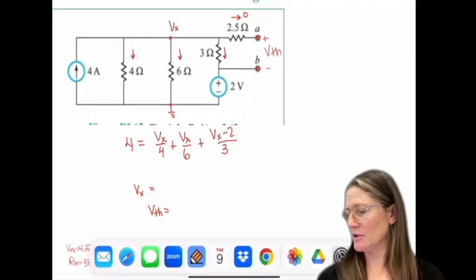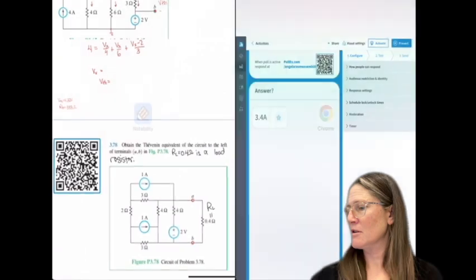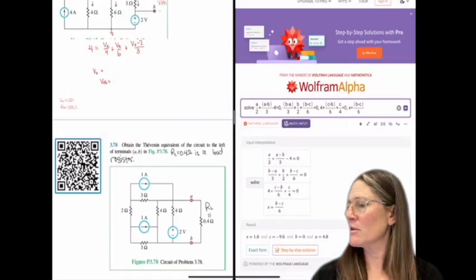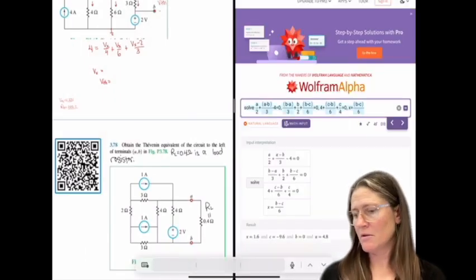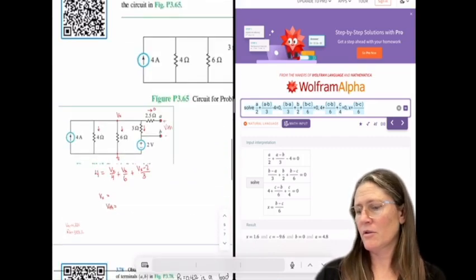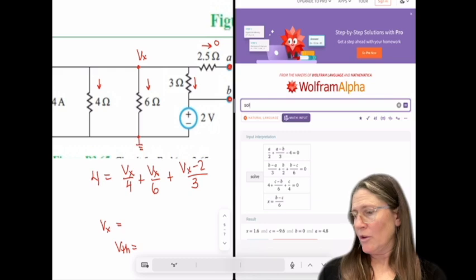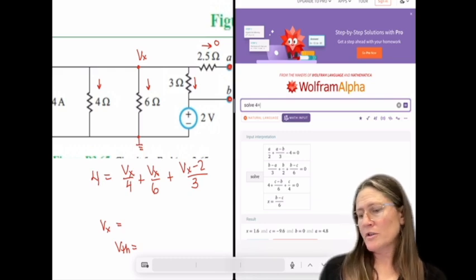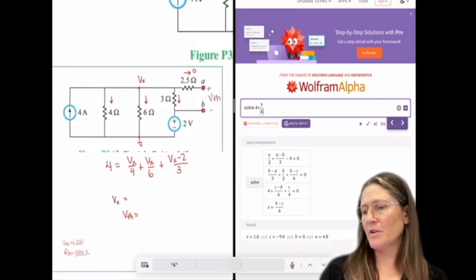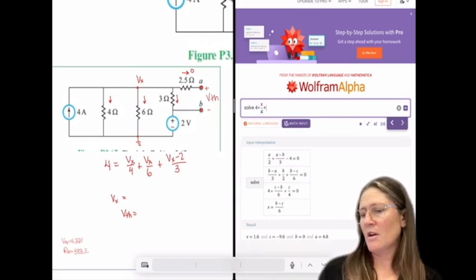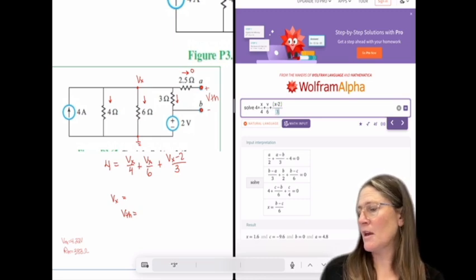I'm going to do that quickly. So 4 is equal to x over 4, x over 6, and then x minus 2 over 3.